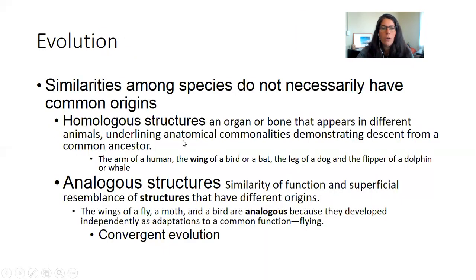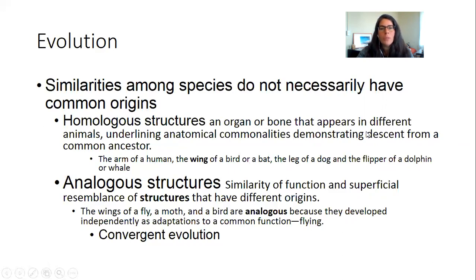There are what are called homologous structures and analogous structures. Here we see that the arm of a human and the wing of a bird or a bat, the leg of a dog and the flipper of a dolphin or whale.